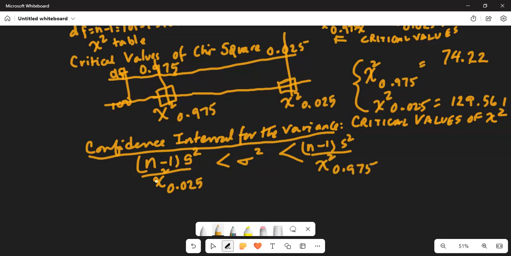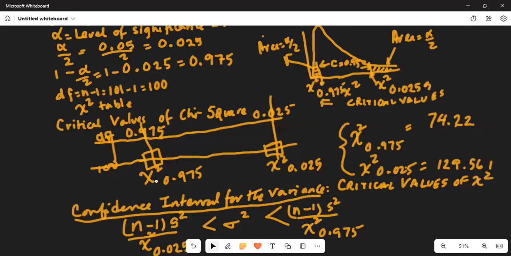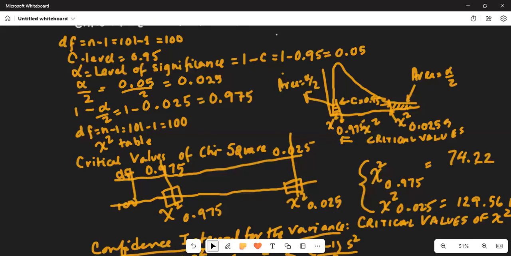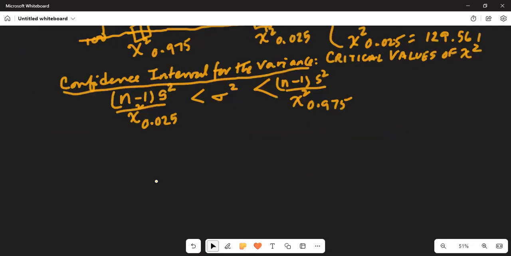So remember, let's take a look at our sample standard deviation. I believe it was 40, and the sample size is 100.